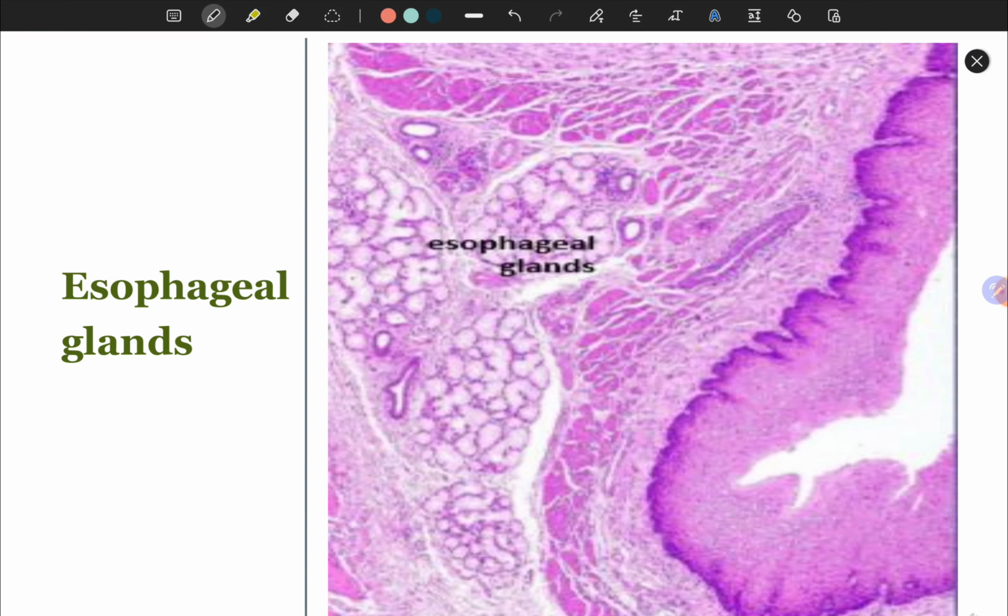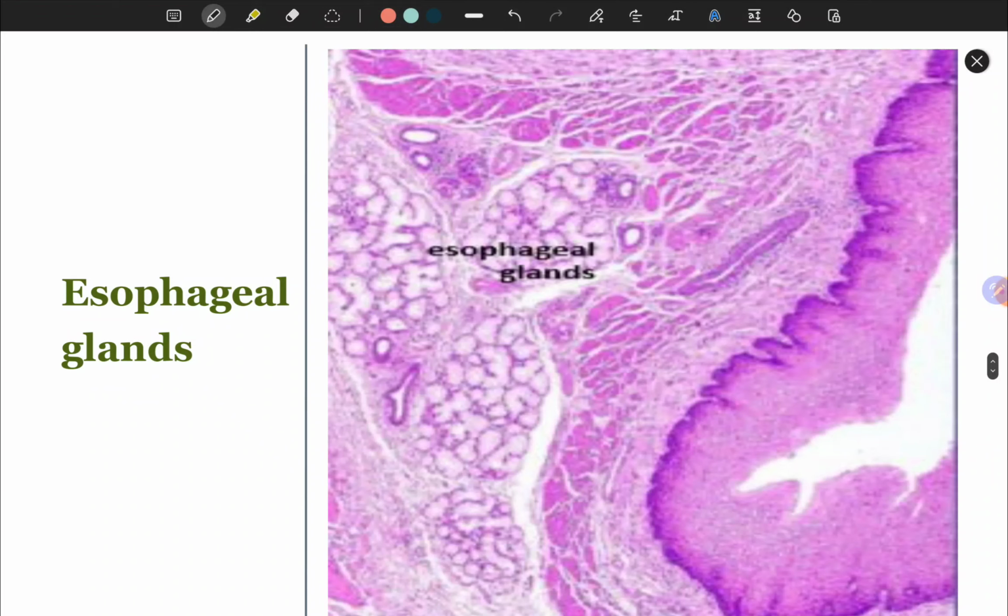This is the muscularis mucosa. And later on comes the submucosa. You will see light circular structures, which are the secretory portions of the esophageal glands.